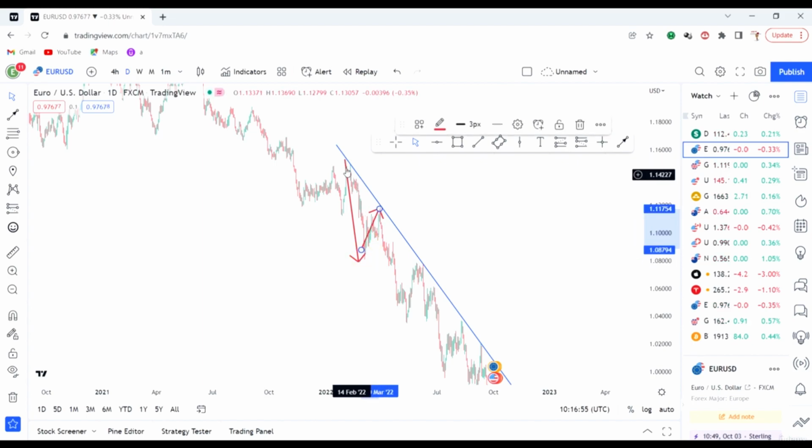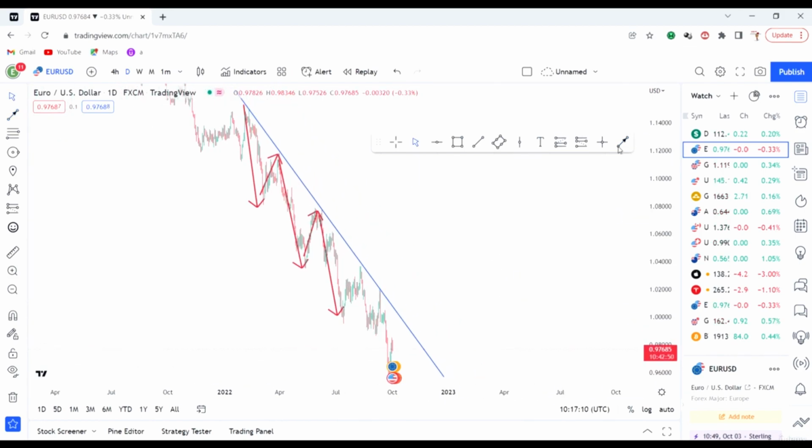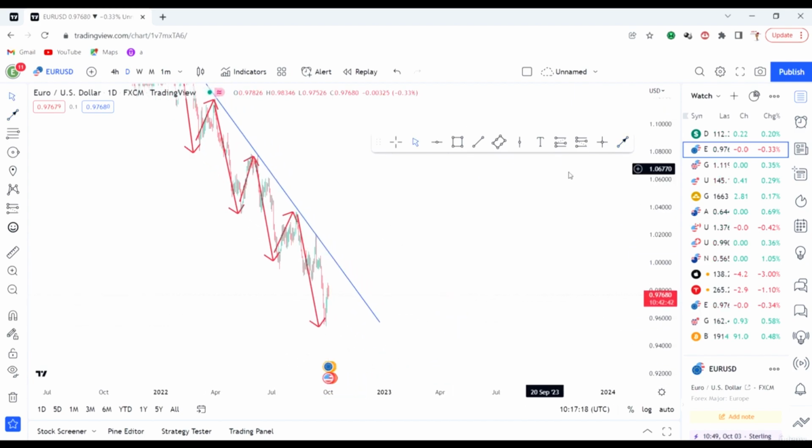So it went down, then retraced, then still went down, and then retraced up, and then dragged down again, and retraced. Then it dragged down again to this point, and now it's in the process of retracing.